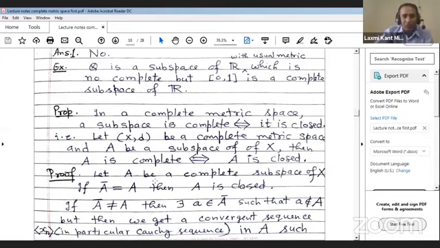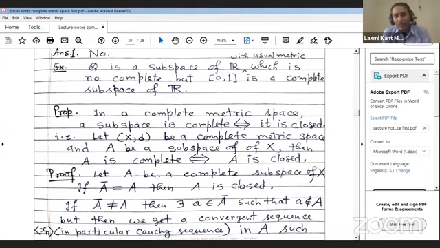How will we prove it? If we take A to be a complete subspace of X, we have to prove that it is closed. So we consider its closure, which may be equal to A. If its closure is equal to A, then it is obviously closed, so we are done.